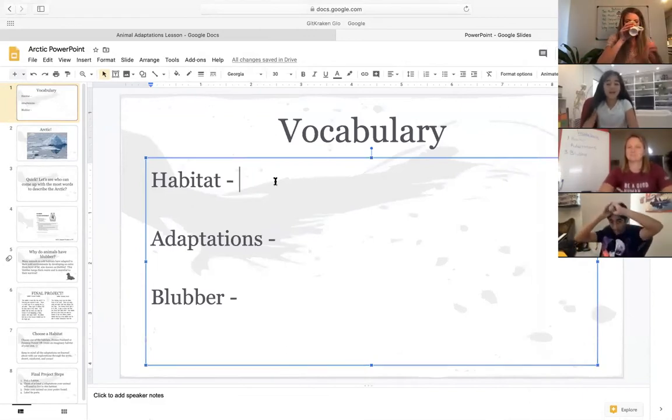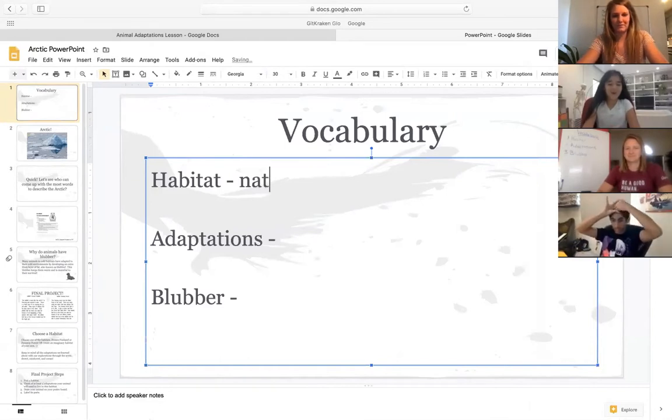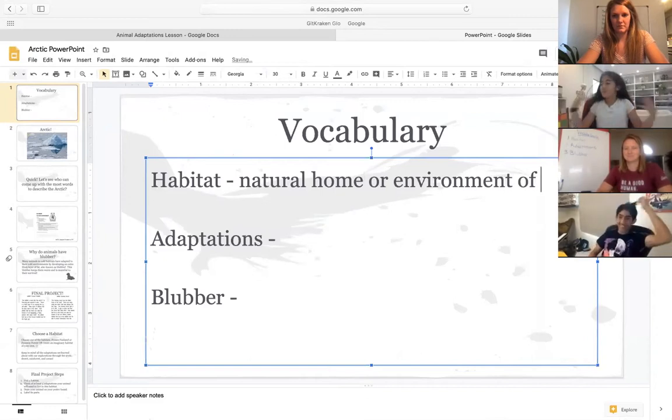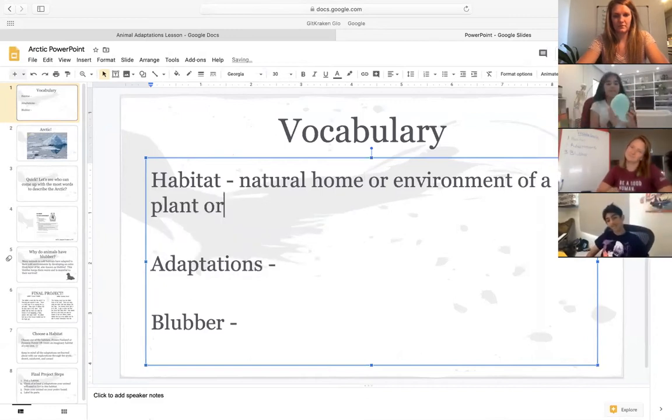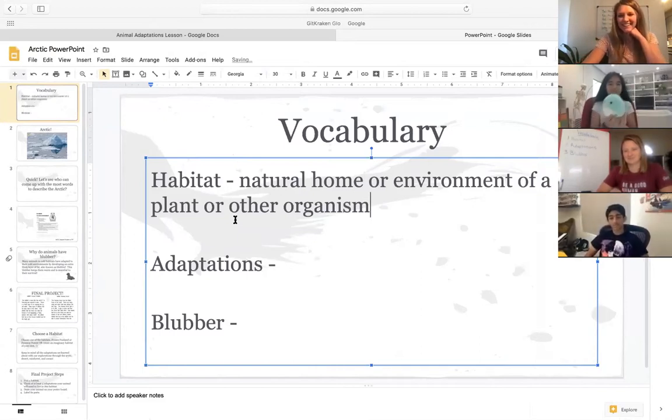A habitat is the natural home or environment an animal, plant, or other organism lives. So I have this, this is a dinosaur, if you didn't know, because it doesn't look like one, but it's a dinosaur, and it died. It got extinct a long time ago.